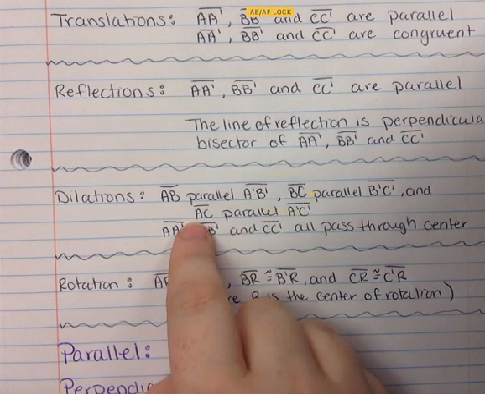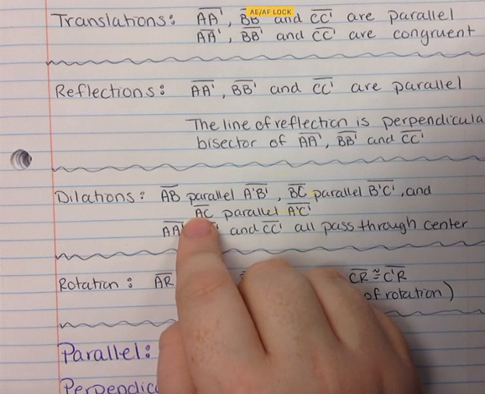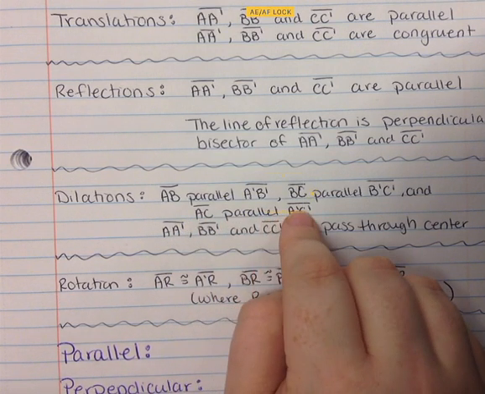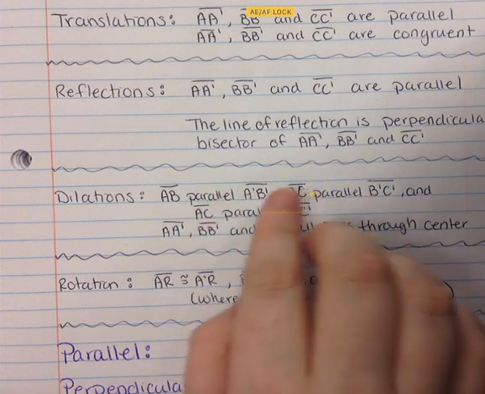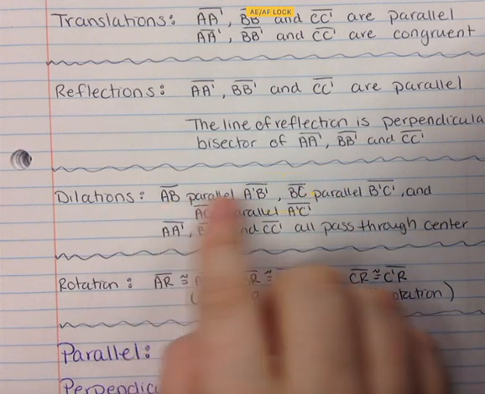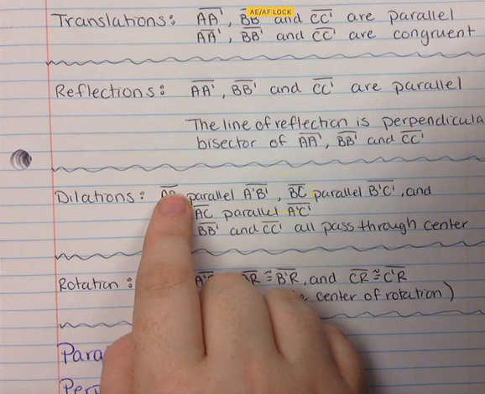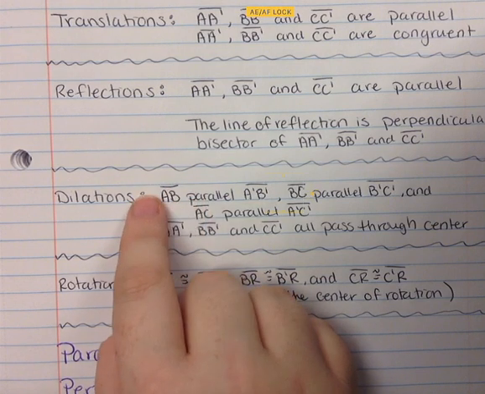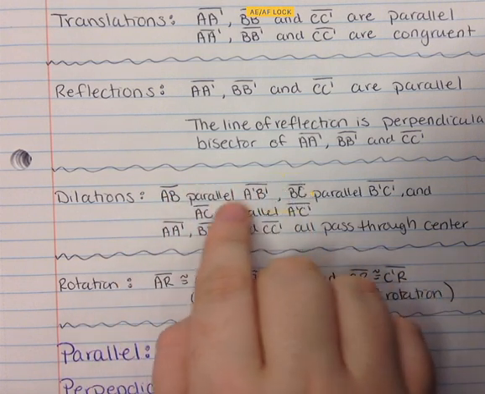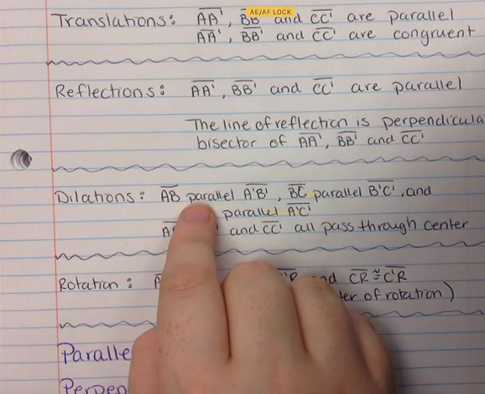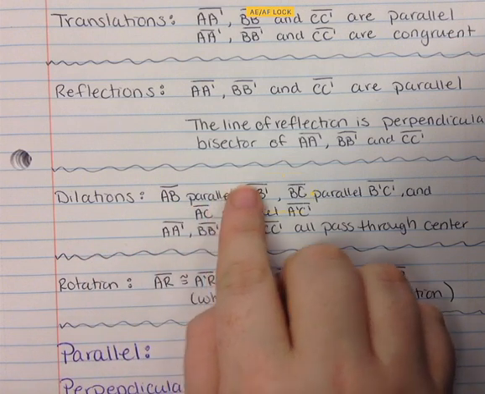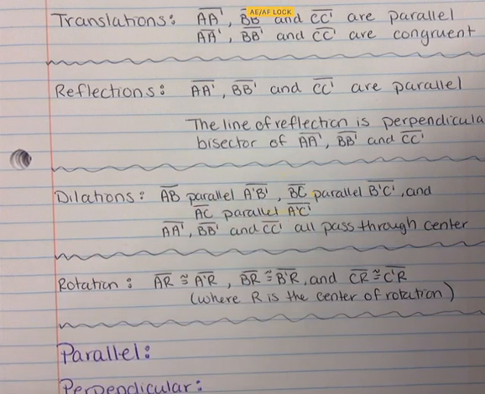And you also have to show that the pre-image AC is parallel to the image A'C'. You do not have to show that from A to A'. This is actually showing that all of the segments from the original image, so the pre-image, are parallel to the new image.